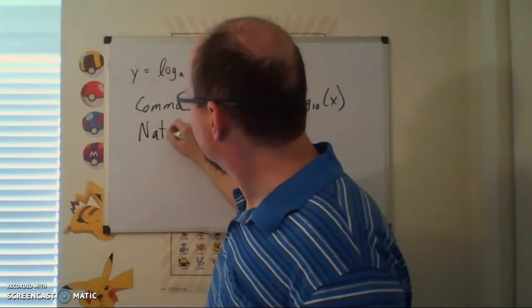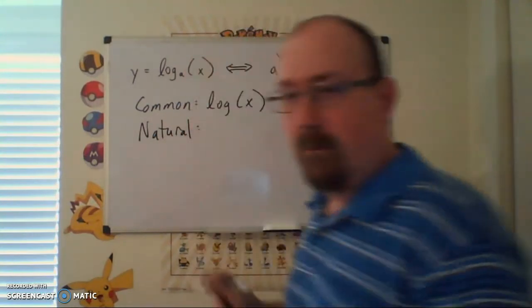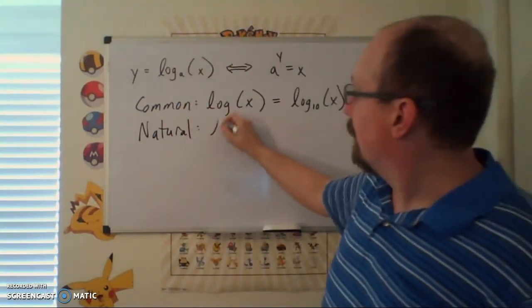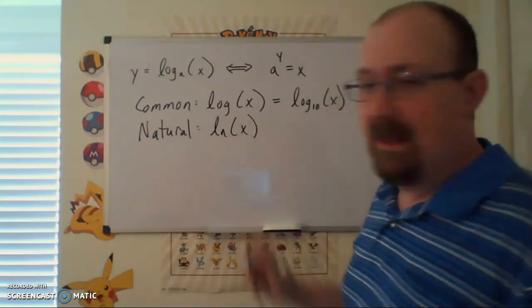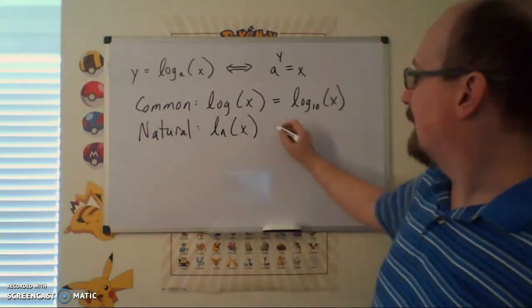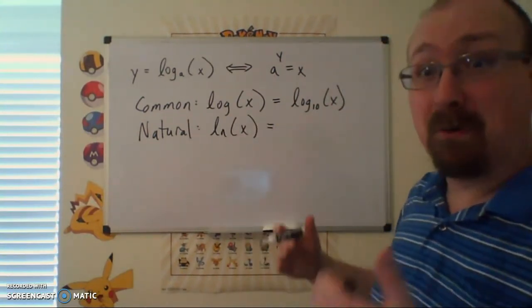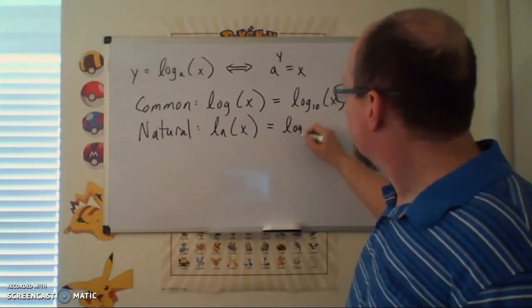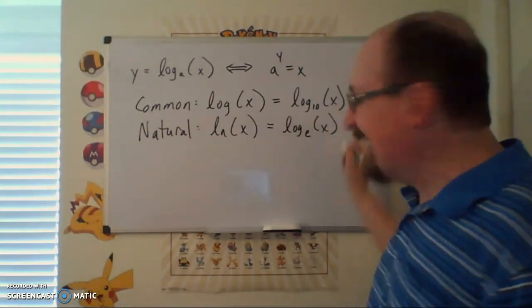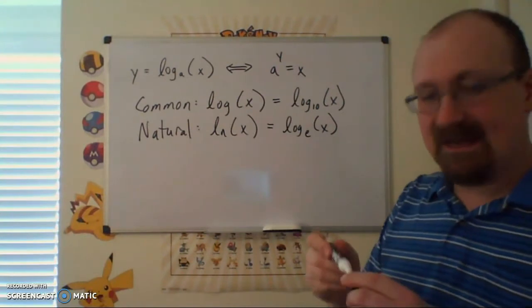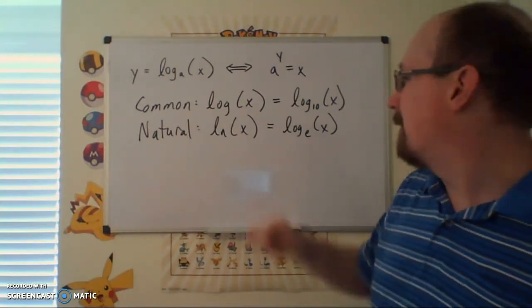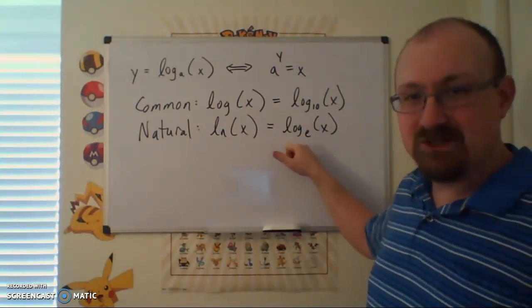On the other hand, we have what we would call the natural logarithm. So we denote that ln of x generally. And again, that's shorthand for a very particular logarithm. So the log base e of x, where e is that kind of funny 2.71828 number that we saw in the last section.